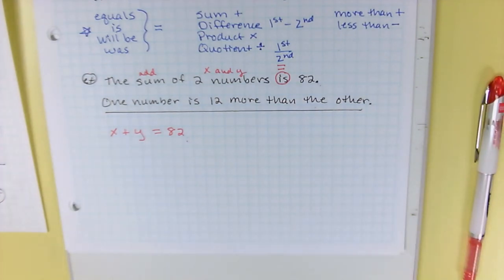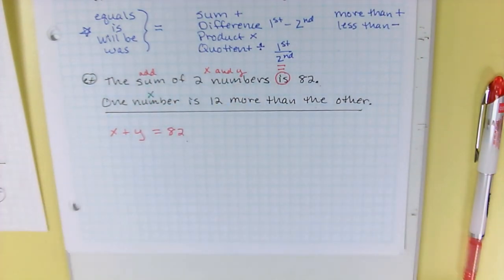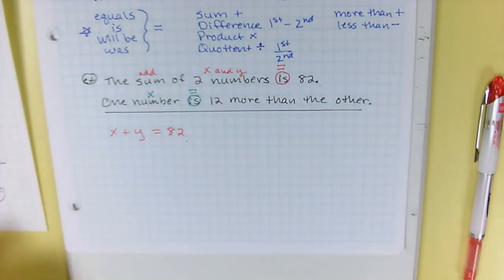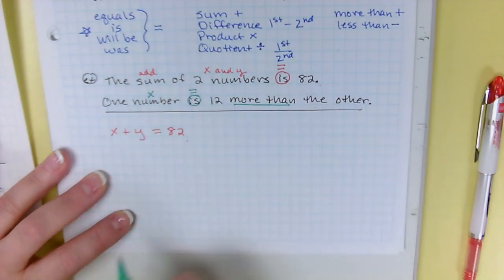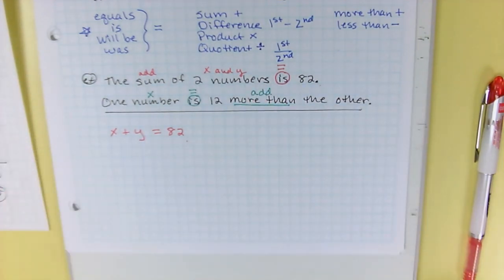Okay, so now let's do the second one. One number. Okay, let's make that number X. Is, there's our equal sign. X is, one number is 12 more than means add the other.